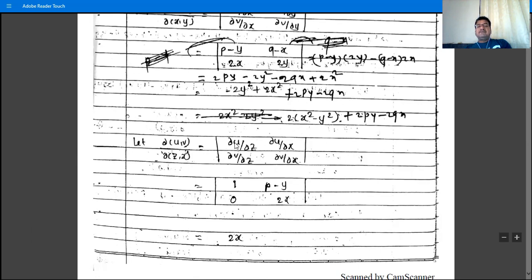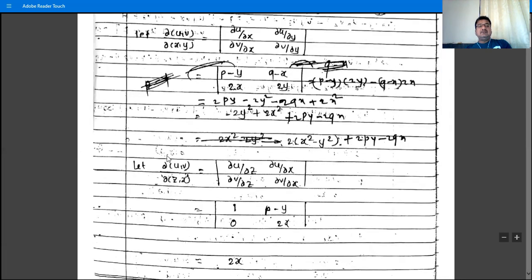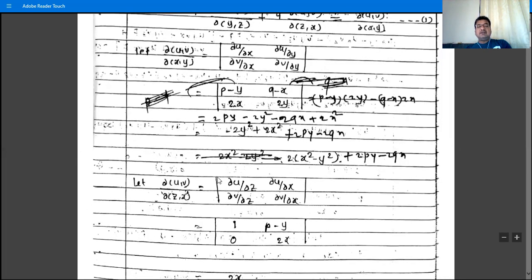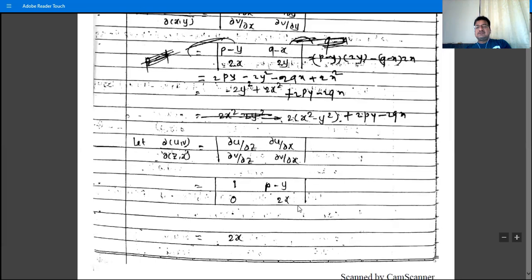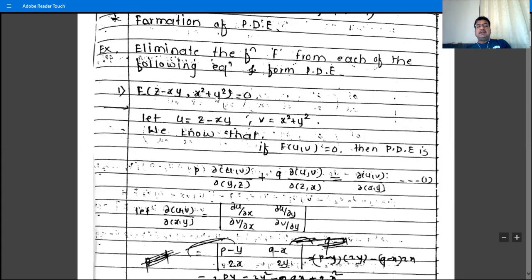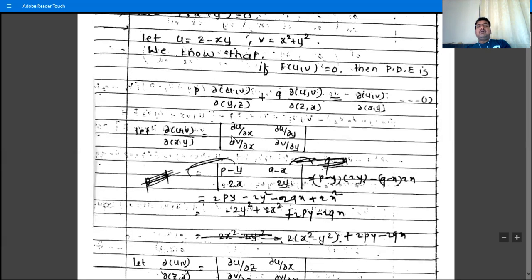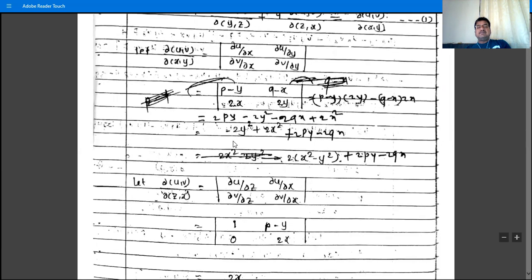Okay. Similarly, the Jacobian ∂(u,v)/∂(z,x) is what? It is the determinant with rows ∂u/∂z, ∂u/∂x and ∂v/∂z, ∂v/∂x. ∂u/∂z is 1, because the derivative of z with respect to z is 1, and the derivatives of x and y with respect to z are 0, since x and y are independent variables.